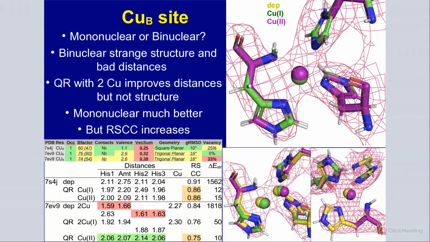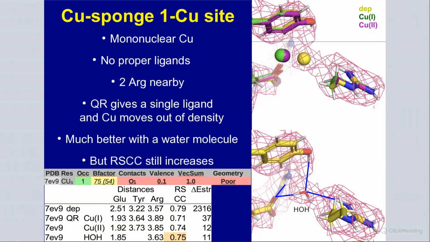Then we will do one more site. We will do one part of the copper sponge, which was only seen in the Shan structure. And it looks like this. It looks rather crazy because there is only one reasonable copper ligand, that's a carboxylate group.